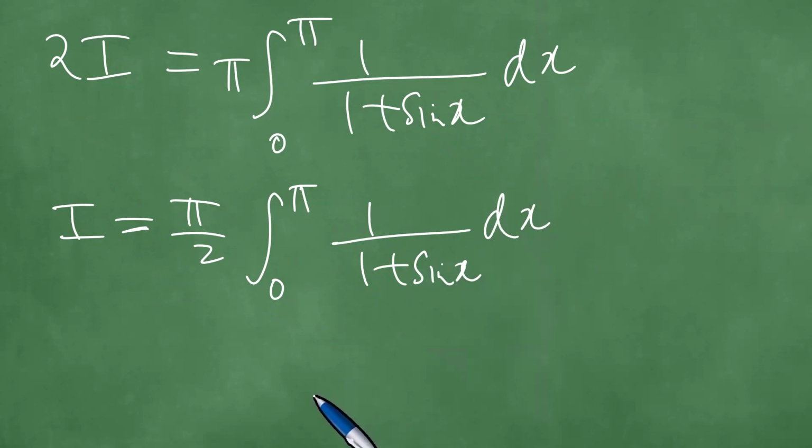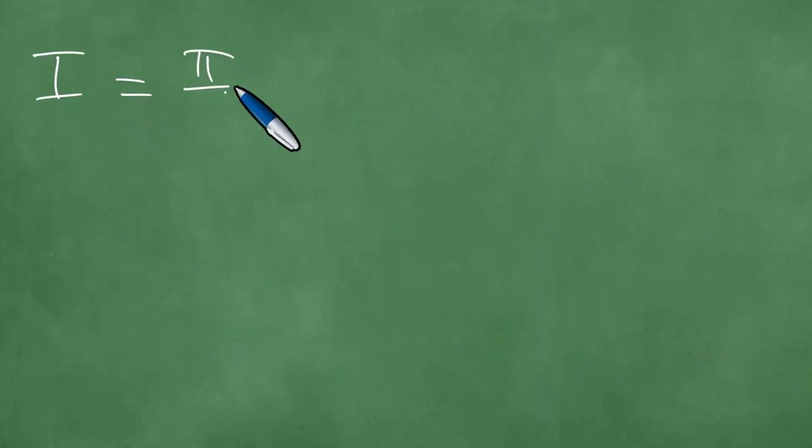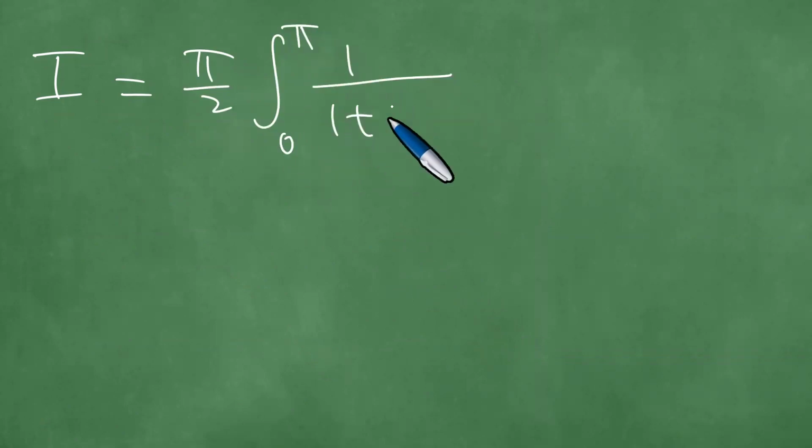And now this is a very interesting integral, but very easy to evaluate: the integral of 1 over 1 plus sine x dx with the pi over 2 outside. So we proceed to evaluate that one, which is I equals pi over 2 times the integral from 0 to pi of 1 over 1 plus sine x.